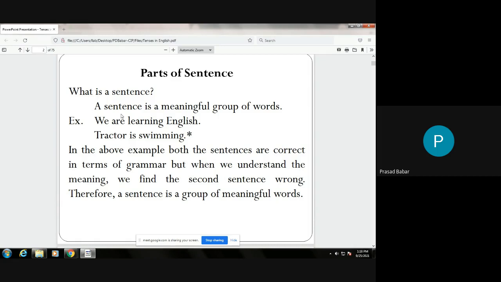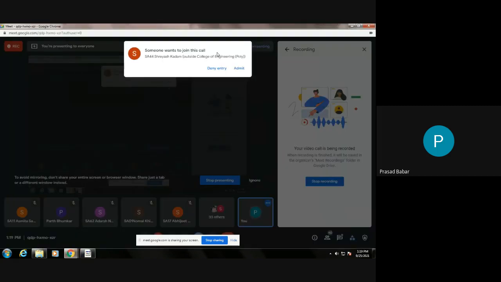So when we use words with meaningful arrangement, in a structured fashion, then it will form a meaningful sentence. So that is why a sentence is a meaningful group of words. We call it a meaningful group of words.